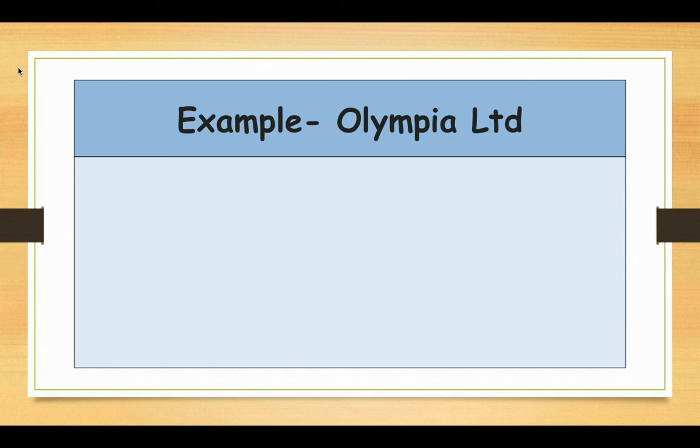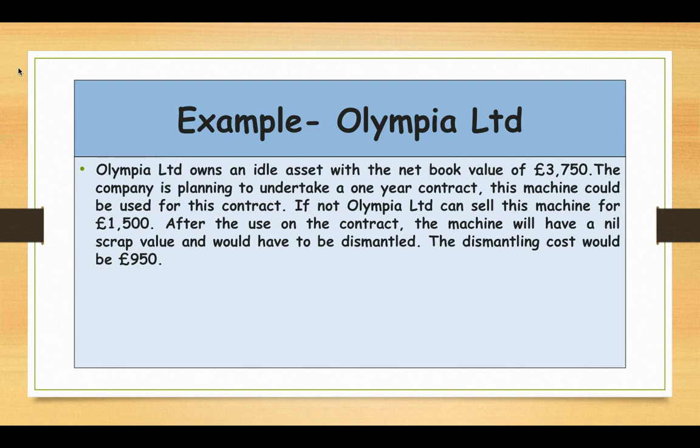We are going to see the next example, called Olympia Limited. So we look at the question. Olympia Limited owns an idle asset with a net book value of £3,750. The company is planning to undertake a 1-year contract. This machine could be used for this contract.